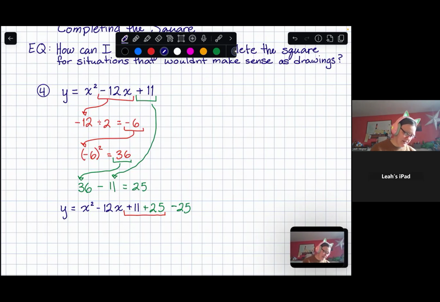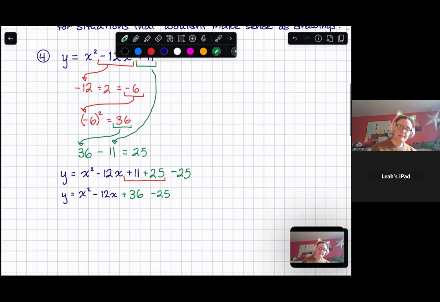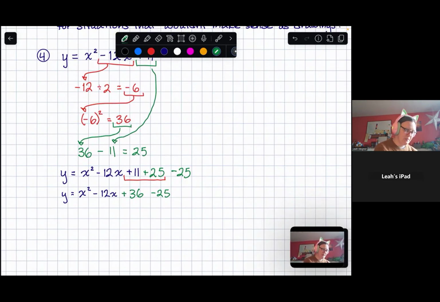So if I rewrite this, it will look like y equals x squared minus 12x plus 36 minus 25. Notice how that's giving us the equation that we're hoping for. This right here is how we can describe our square, even though it has negative x's in it.